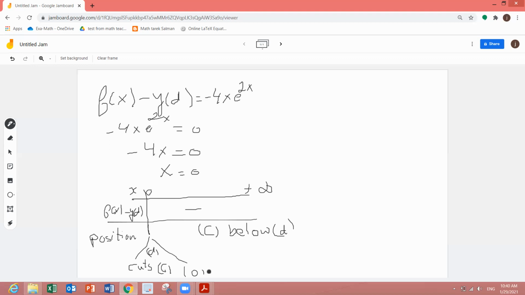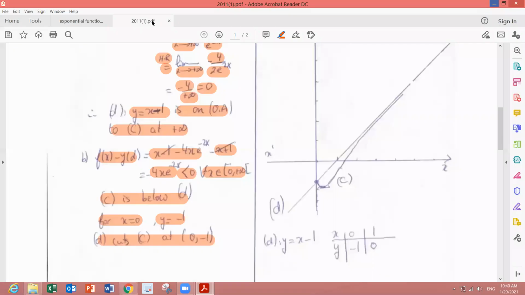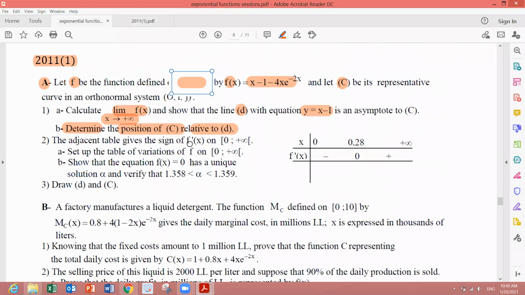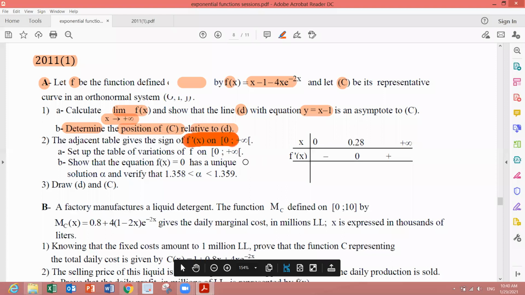So 0 minus 1, we get minus 1. You can do it in the following way: you solve it equal to 0, you put the domain and study the sign over the domain. The adjacent table gives f prime of x over 0 plus infinity.